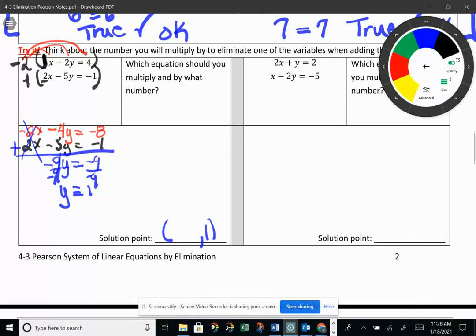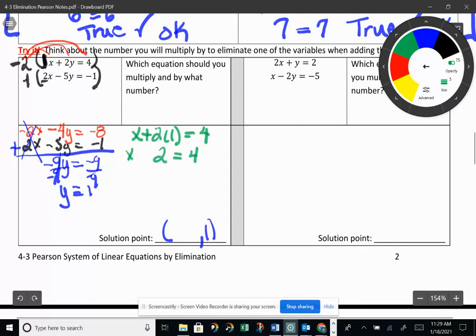I like to see which one of these looks easier. Again, this top equation looks a little bit easier, so I'm going to do that. So I'm going to have x plus 2 times 1 equals 4. So 2 times 1 is 2, equals 4.